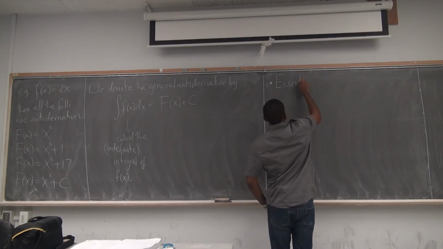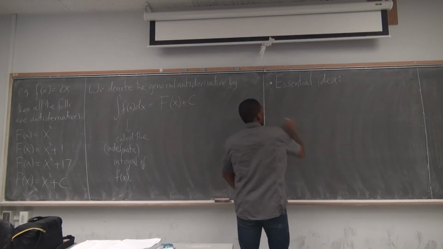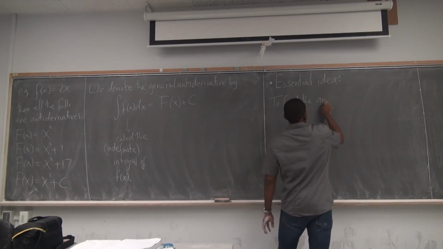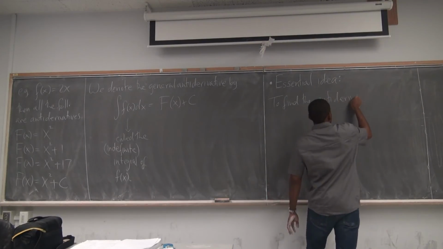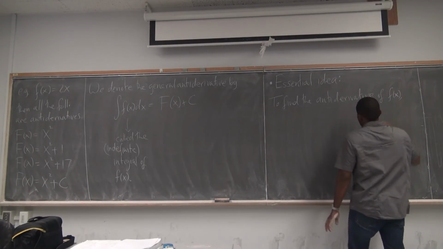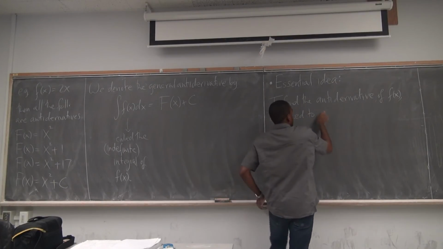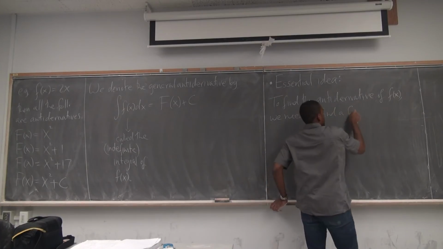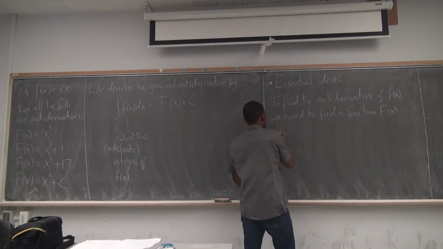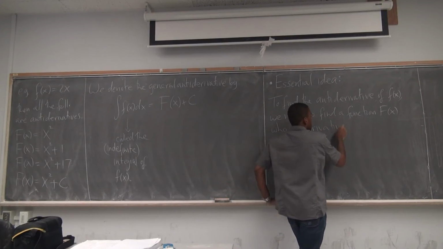Here's the essential idea. Let's just cut through all this theory. To find the antiderivative f of x, we need to find a function whose derivative is the original function.